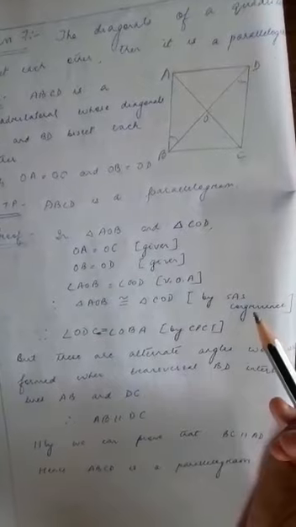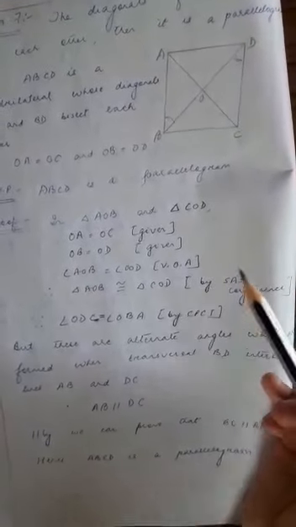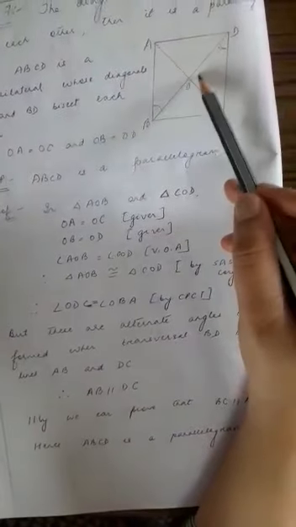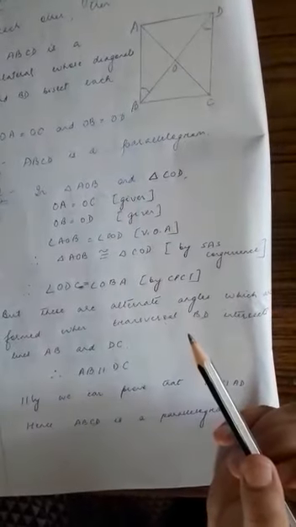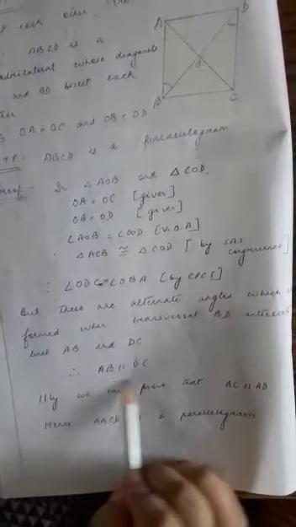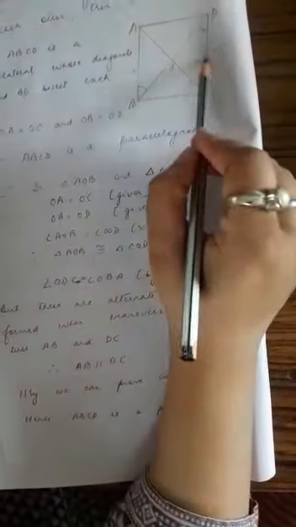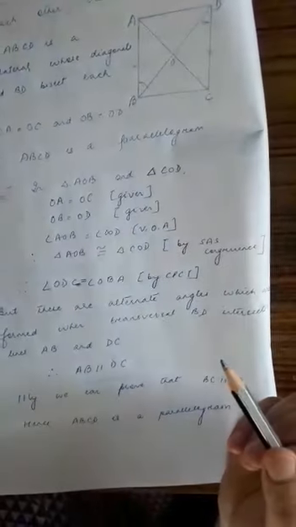But we know that these are alternate angles formed when the transversal BD intersects the lines AB and CD at the points B and D. So we can also say that AB is parallel to CD, because these are alternate angles.